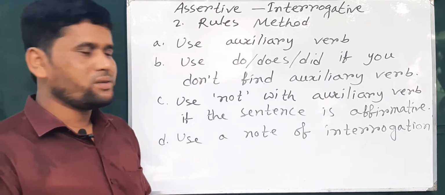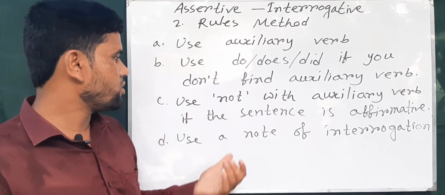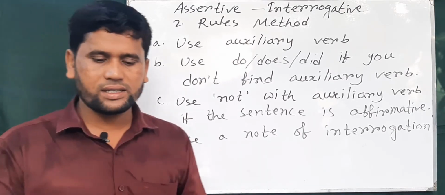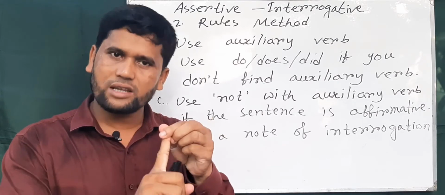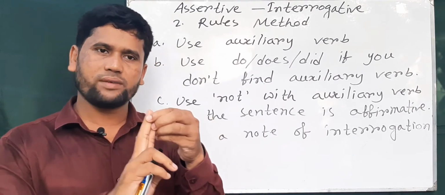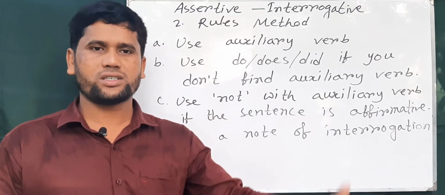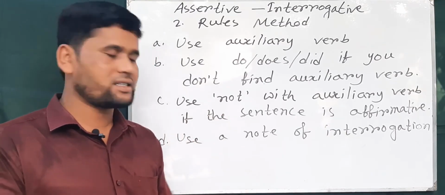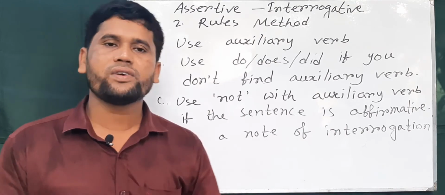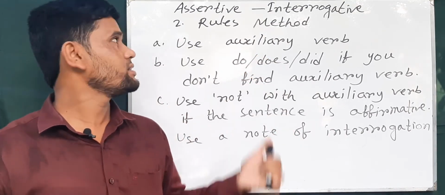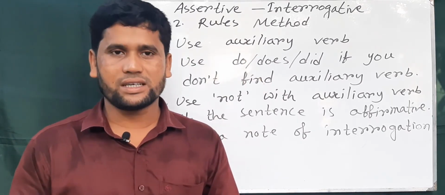Just as I mentioned, use a note of interrogation mark. So actually here 3 things. First use auxiliary verb, then use not if the sentence is affirmative, but if the sentence is negative, avoid not, and at the last you should use note of interrogation. If you follow these rules, you can change any assertive sentence to interrogative sentence.